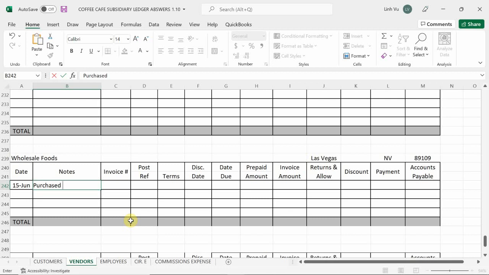What did I buy? We bought sugar. How many pounds of sugar? 60 pounds sugar. Okay. And 3 cases, 12-pack creamer.